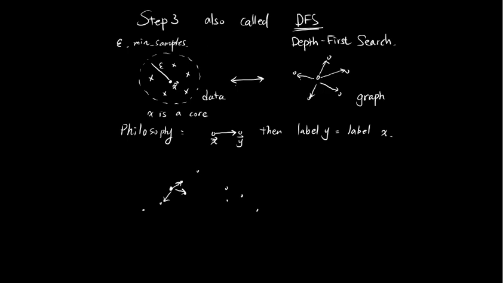And let's say this is also a core, just an example. So you will come back and draw to here. And then this is also a core, so it draws to all the points nearby.